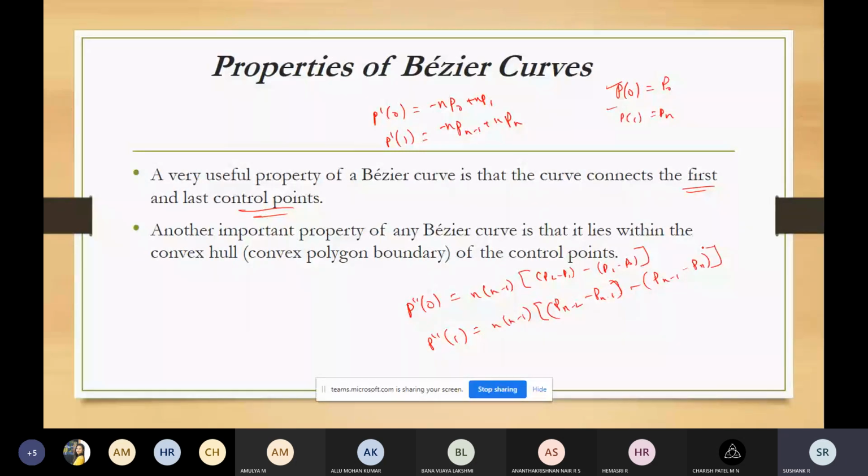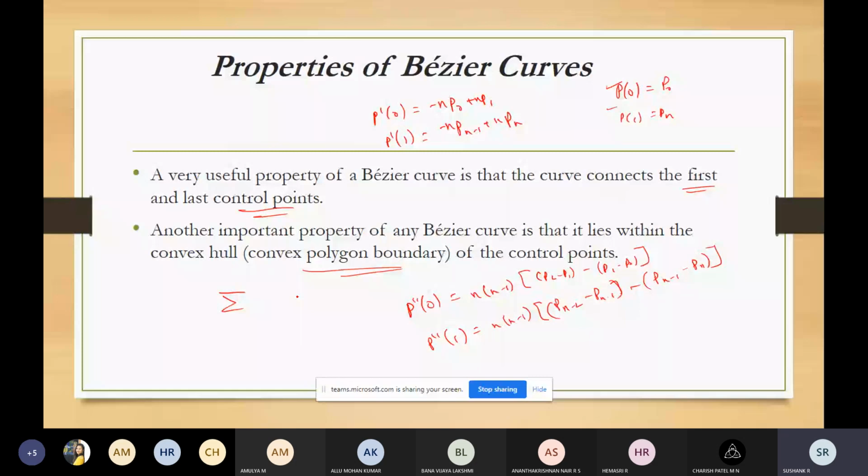So what is the second property? The second property is that the Bezier curve lies within the convex polygon boundary of the control points. How? That can be verified from the blending function. What is the blending function? The sum of Bez of k comma n of u will be equal to 1.